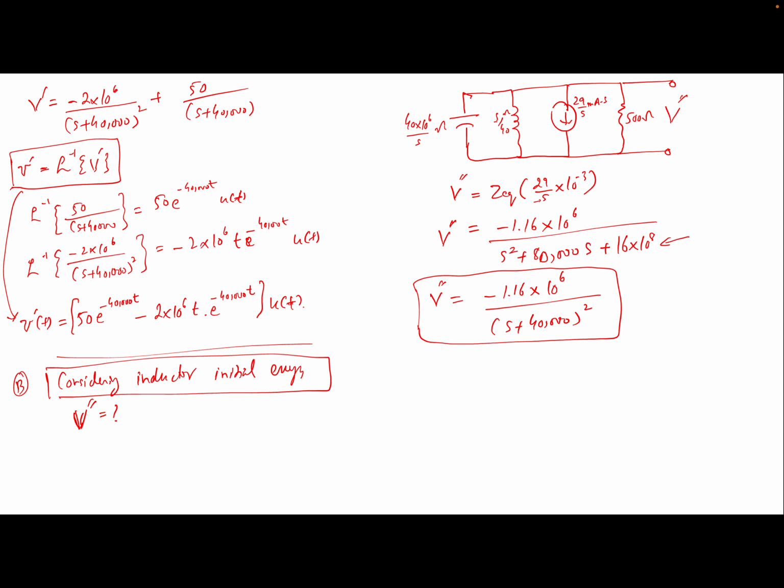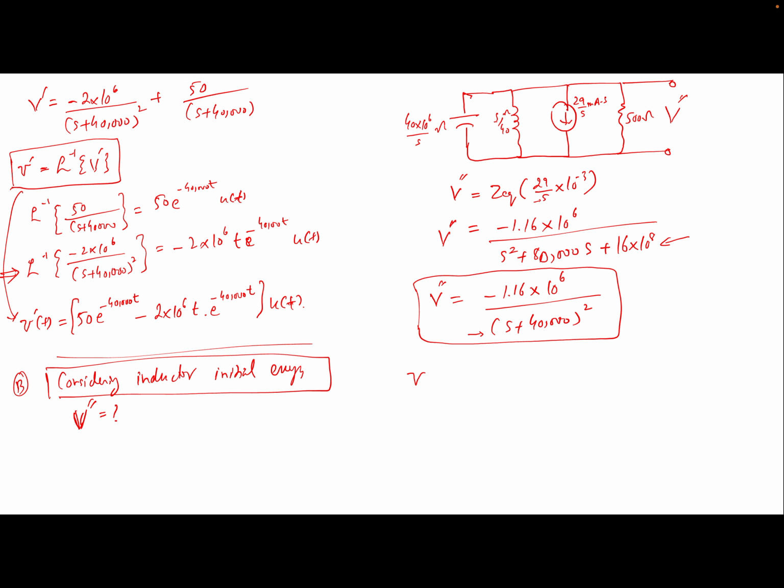Again, I need to convert that into the time domain. Interesting thing, I don't need to do the whole partial fractions over here, because I do not have an s in the numerator, and with this s plus 40,000, I already know how to find the inverse Laplace transform of this thing, right, from here.